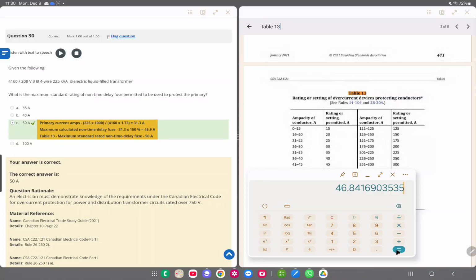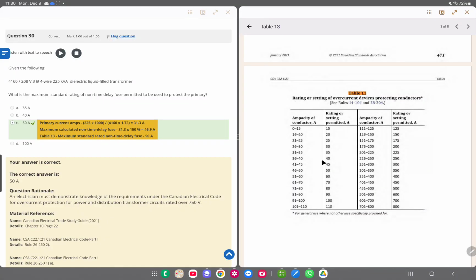We get our new calculated FLA of 46 amps. We go to table 13. We look for 46 amps. Now transformers are in a different ball game than motors, capacitors, and hermetics. When we are in a range, for most transformers, 46 to 50, we go across. It says 50, we stay.